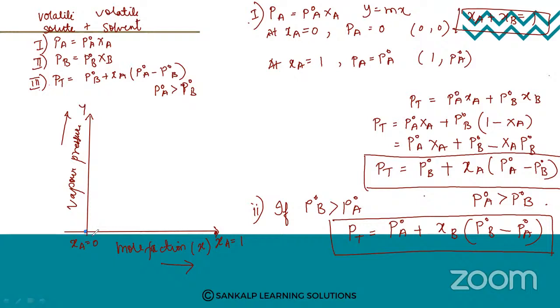Then when chi of A is 1, it is here, you can see the blue dot. Then P_A equals P naught A. So how will it go from here?